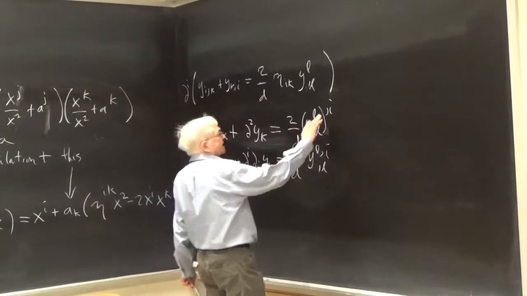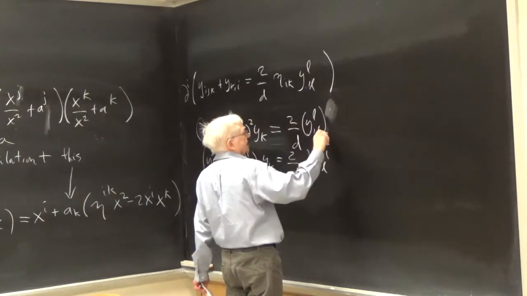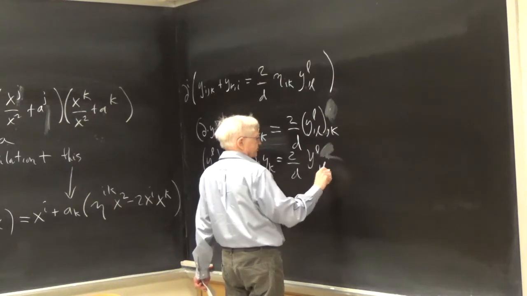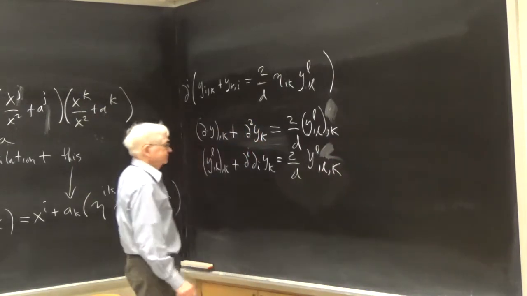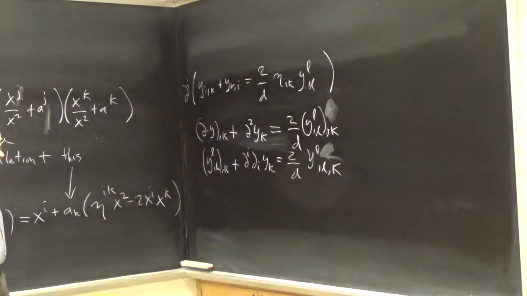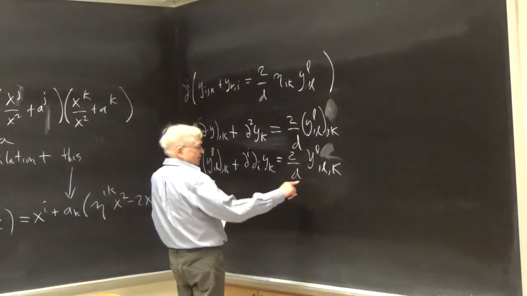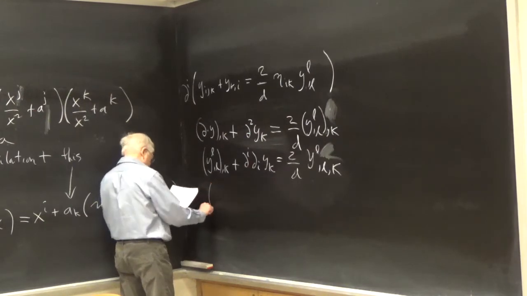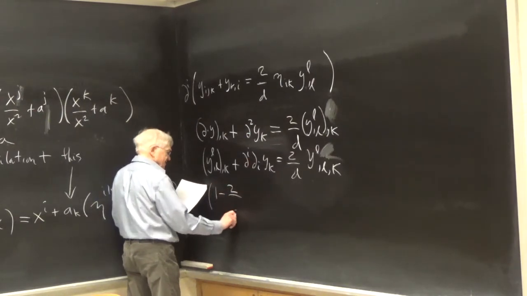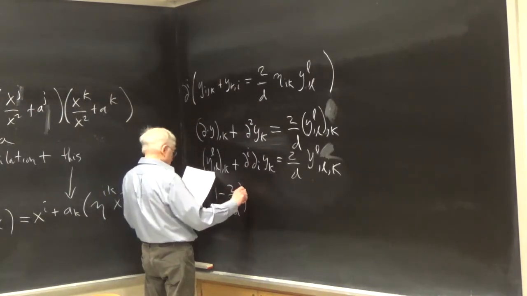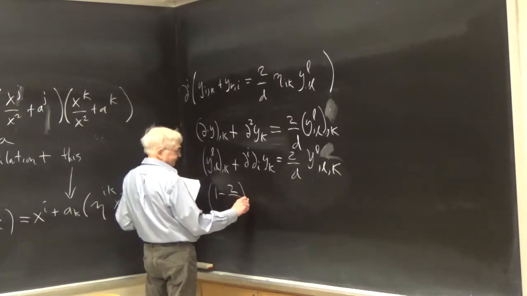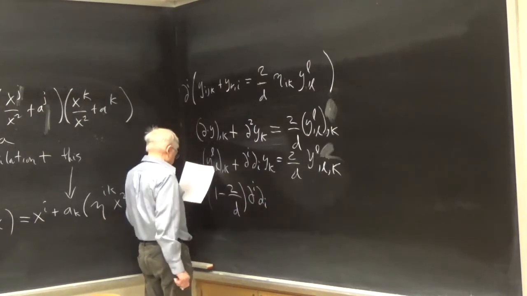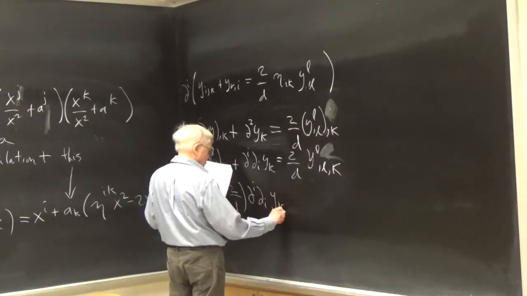This eta ik takes the i and brings it down to a k. Sorry. Okay, well, these two terms are the same apart from the factor, and so what we get is 1 minus 2 over d times... I'm using all sorts of notation.